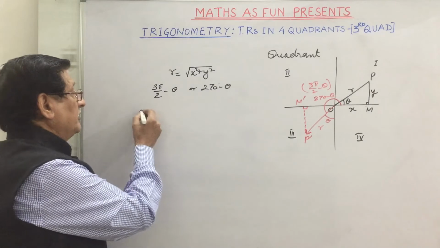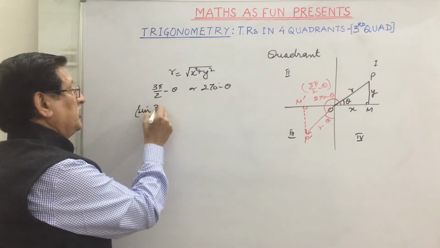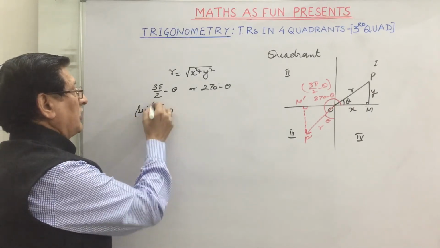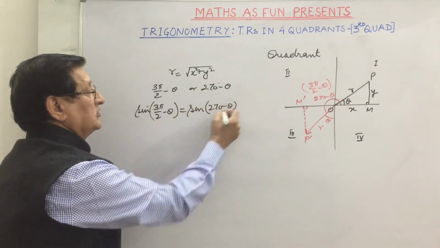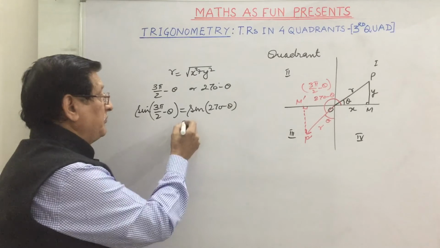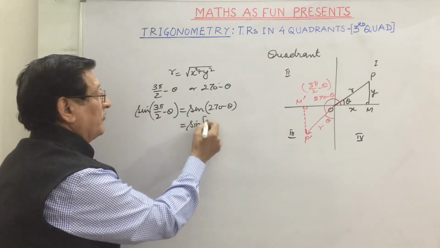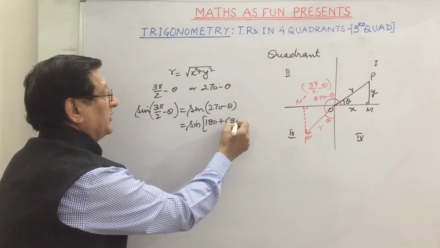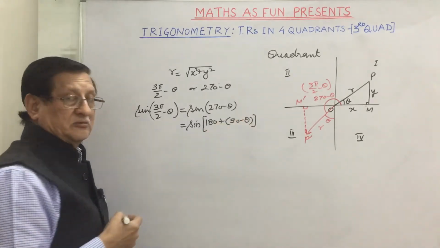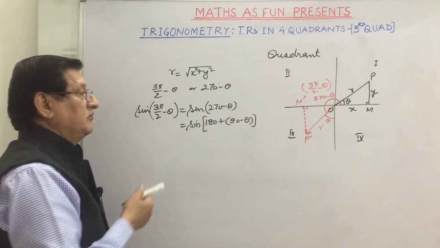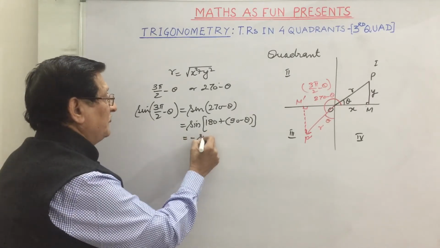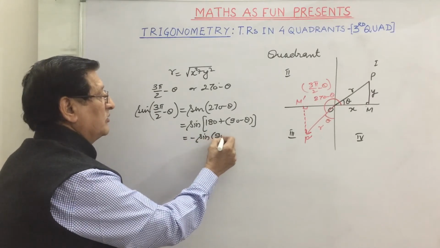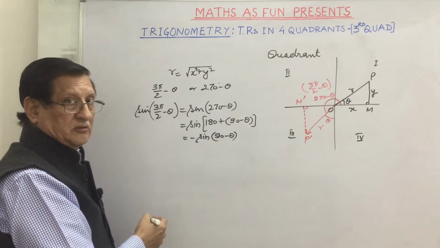We can find sine of 3 pi by 2 minus theta, or we say sine of 270 minus theta can be written as sine of 180 plus 90 minus theta. May I write or not? And we have just now seen sine 180 plus theta is minus sine theta. So we can write this as minus sine of 90 minus theta.